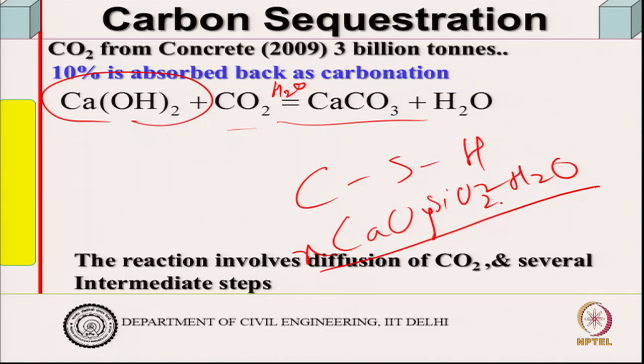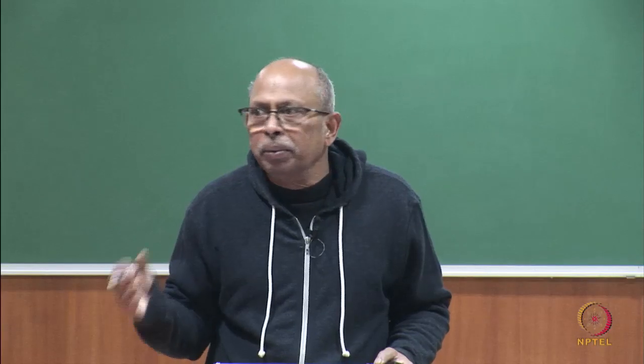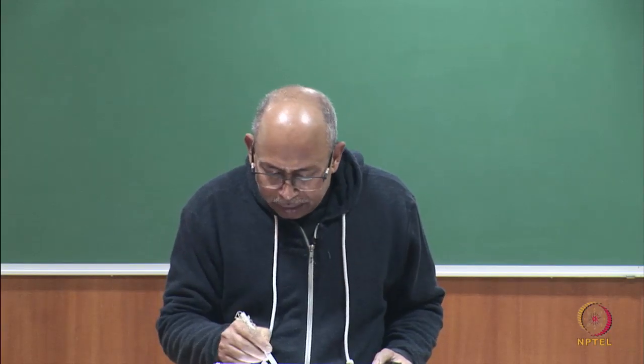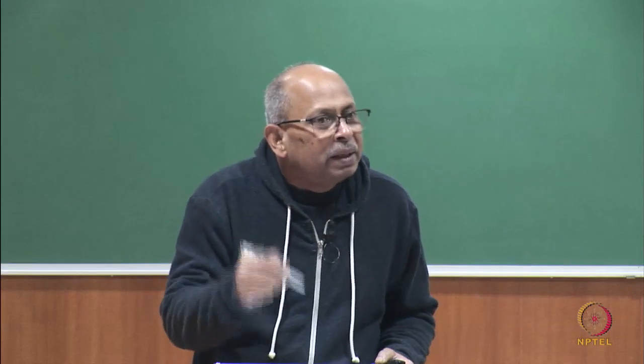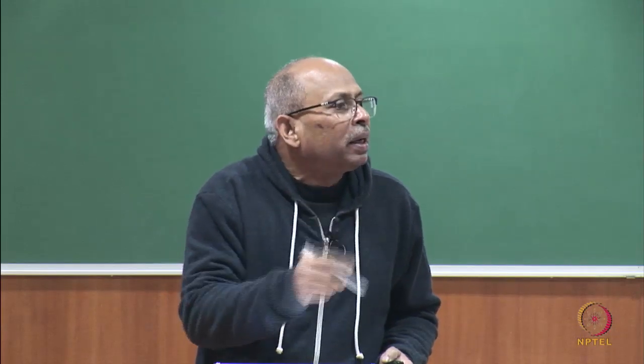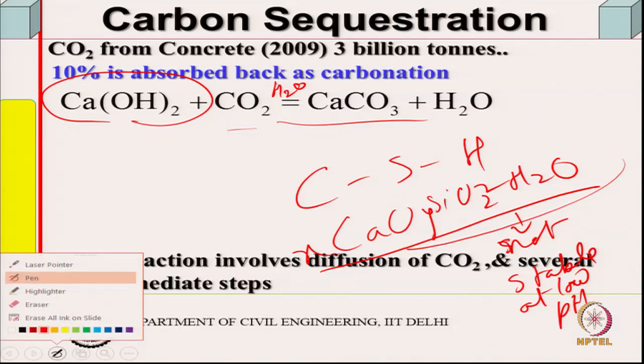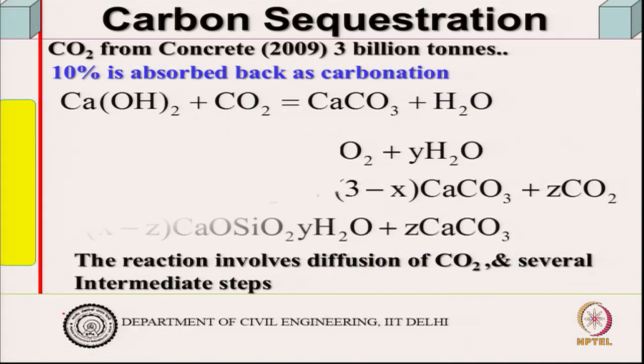Now, this itself is not stable at low pH. So, even this, when calcium hydroxide is consumed by carbon dioxide from atmosphere through carbonation process, is not stable. This tends to get converted into carbonates. So, that is the reaction, you see.